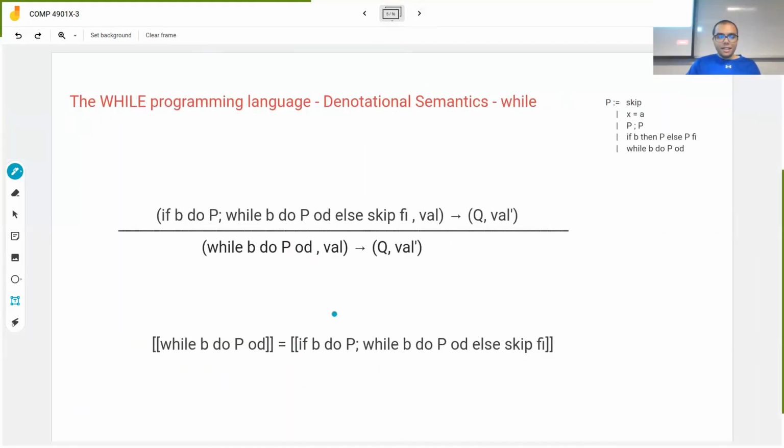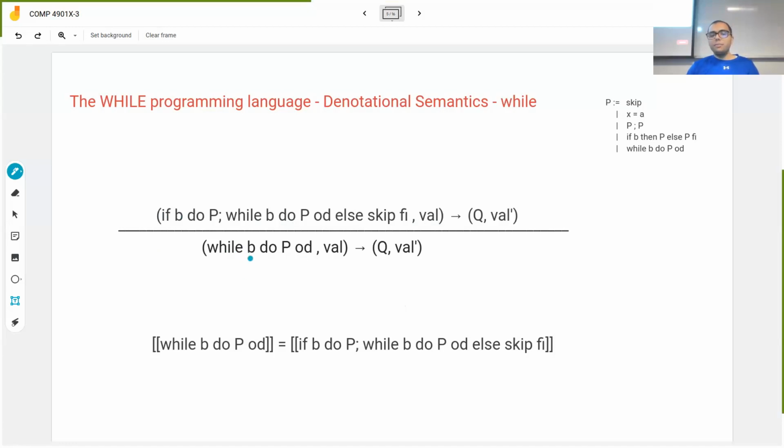Okay. So I want you to look at this. This was a rule that we had in our operational semantics, right? This was unfolding the while. So we said that this program is basically the same as this program intuitively, because when I have a while, what is the first thing that I do?